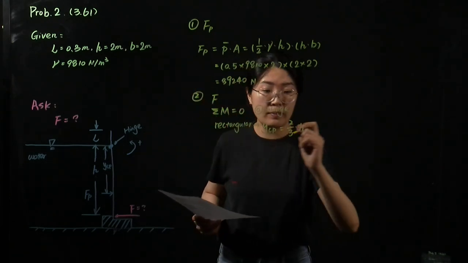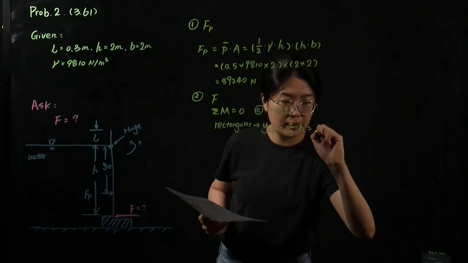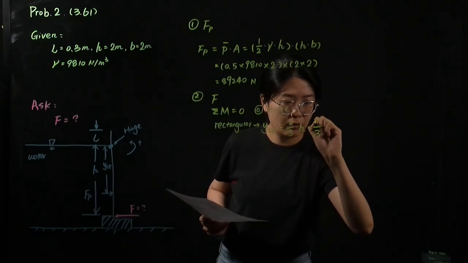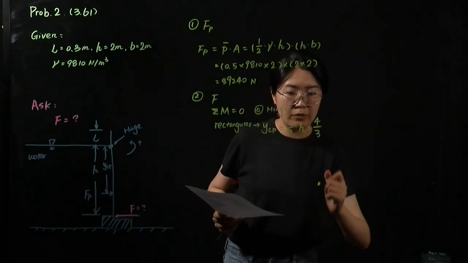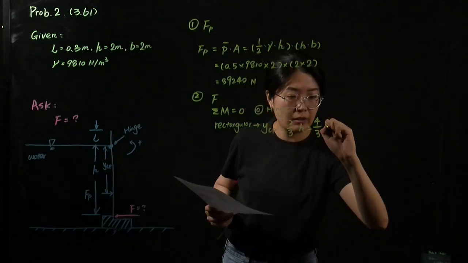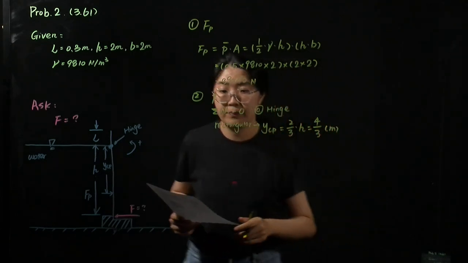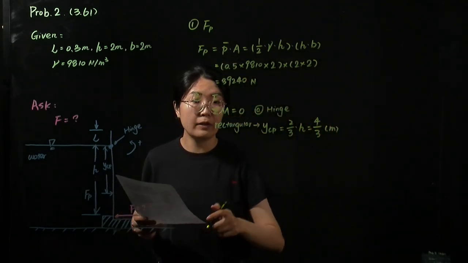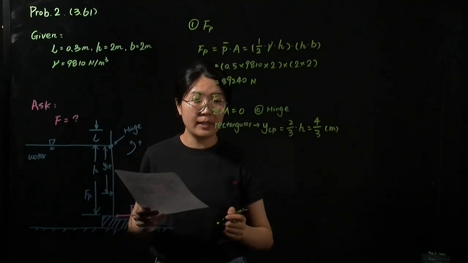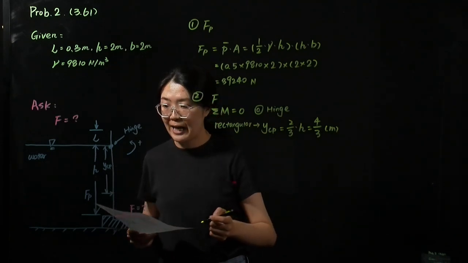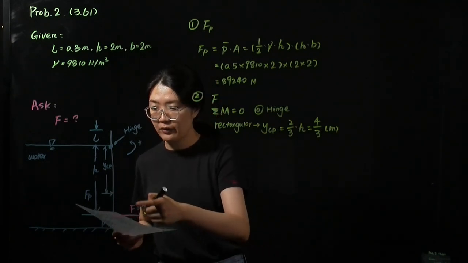Because h is 2 meters, it should equal 4/3 meter. Okay, so because the moment equals 0, we have two forces exerted on the gate.